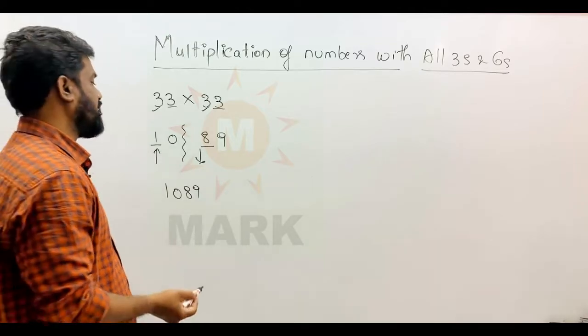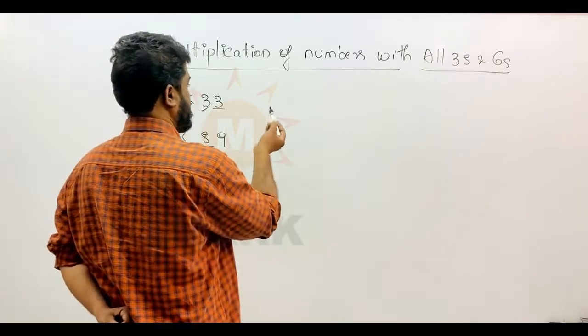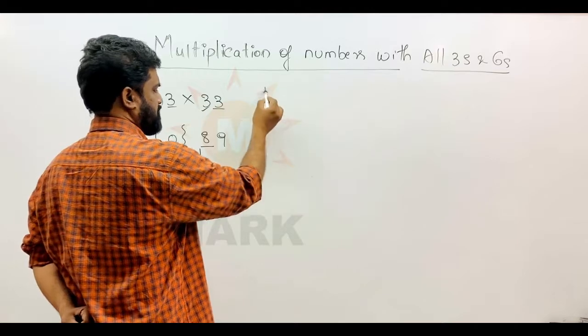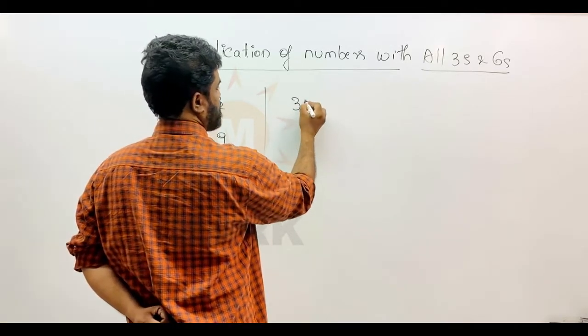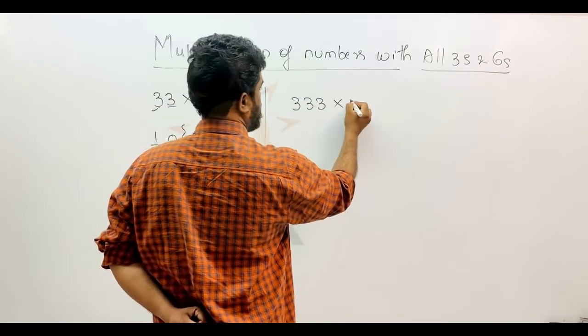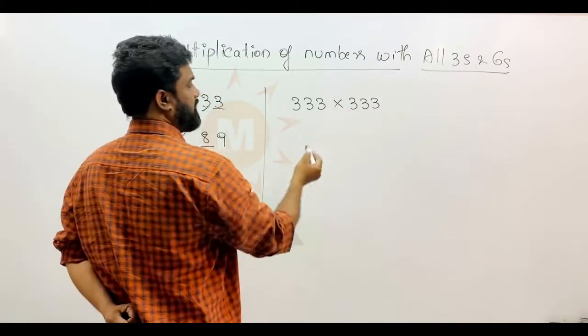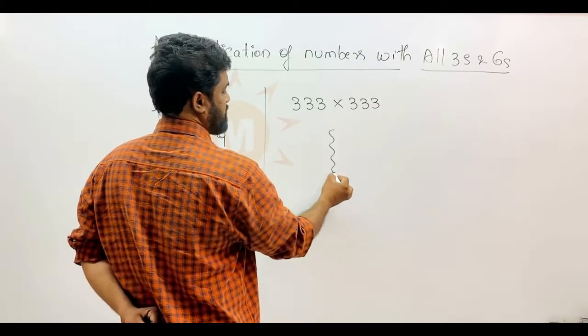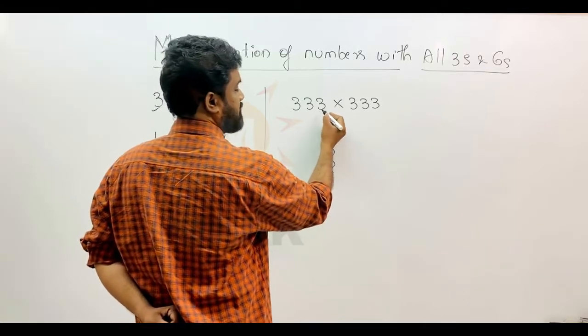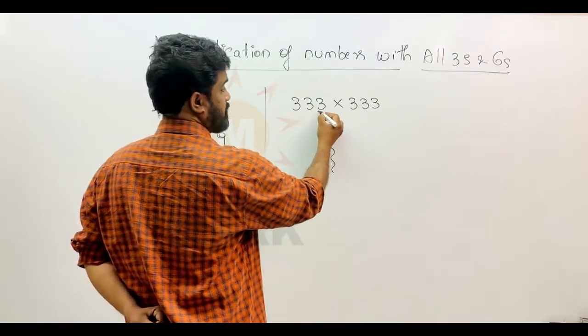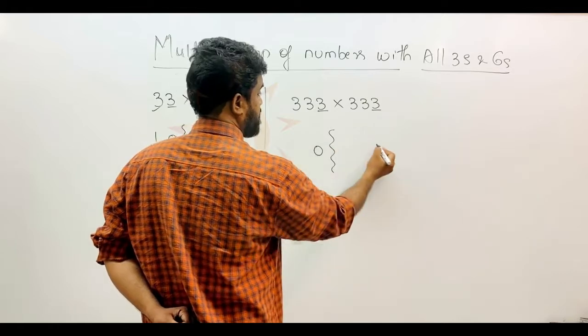Now if I take three 3's, suppose 333 into 333, I am dividing the answer into two parts. First I take the multiplication of the unit digits, 3 into 3, that makes 9, written as 0, 9.